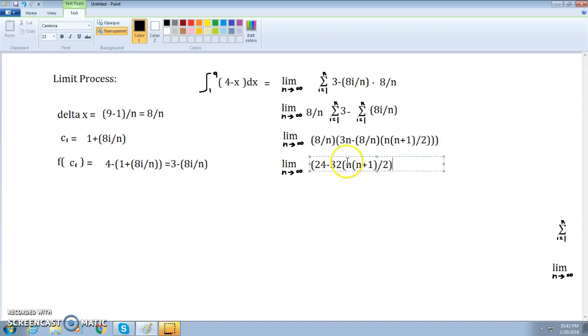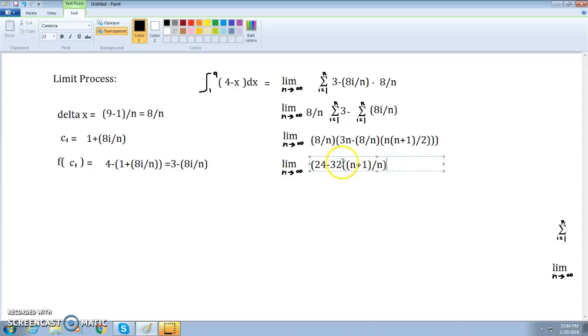Now once we get there, we could plug in infinity into the n's. Sorry about that, that's not the correct thing there. It would be 32 times n plus 1 over n.